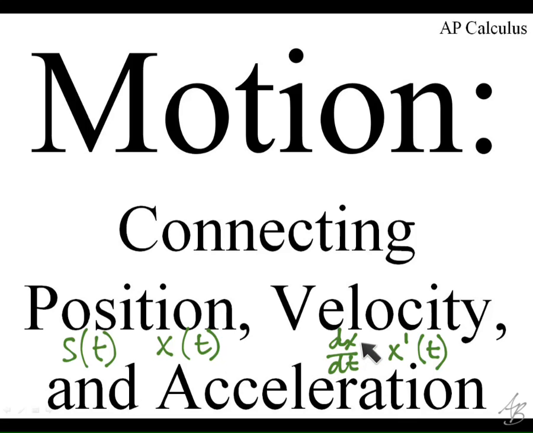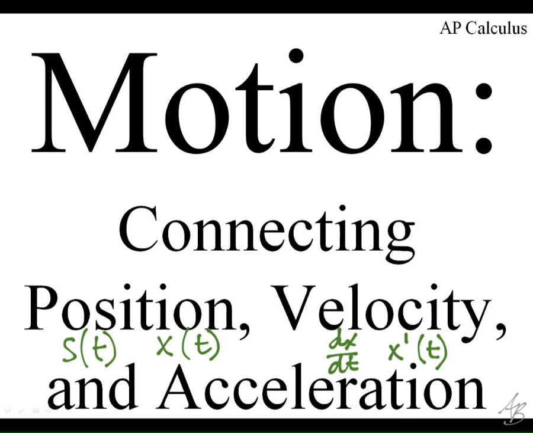When my velocity changes, let's say that I'm going to start here at this spot, and I start walking slowly, and I slowly increase my speed. So I go faster and faster and faster. My velocity is increasing. So the rate of change of my velocity is going to be positive. What does that tell me? That I am accelerating, right? So the acceleration is the rate of change of velocity.